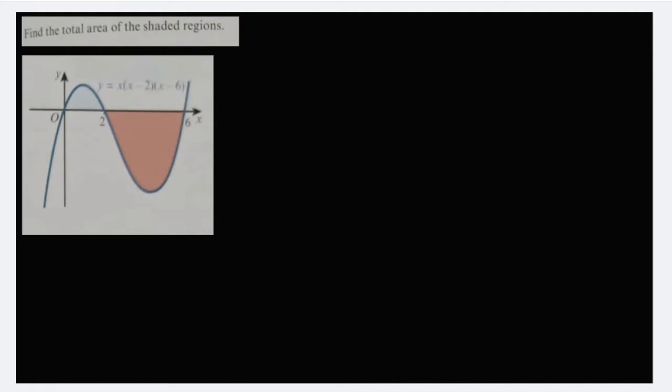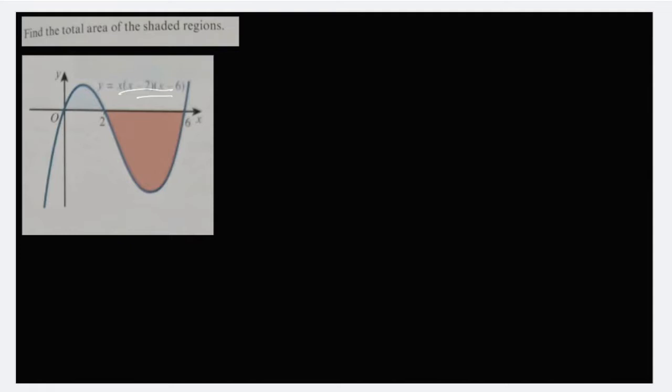Okay, let's proceed. Suppose that the given is y equals x times (x minus 2) times (x minus 6). We cannot apply integration with this as is, so we need to simplify the given first so that we will be able to apply integration.